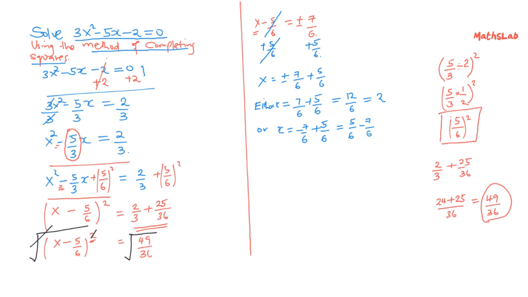And 5 minus 7 is minus 2 all over 6. And minus 2 out of 6 can simplify into minus 1 out of 3. So our solution to this equation are x is equal to positive 2 or x is equal to negative 1 out of 3.